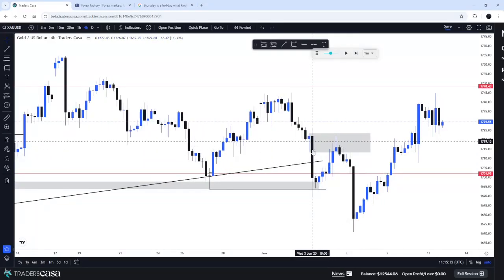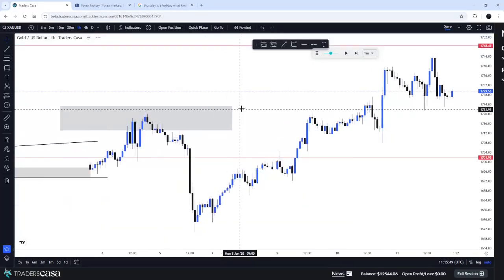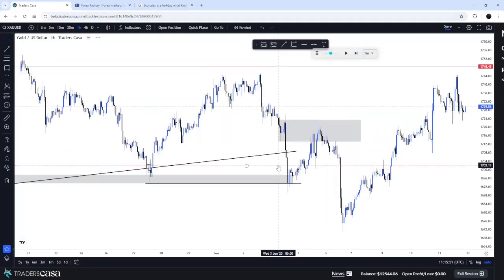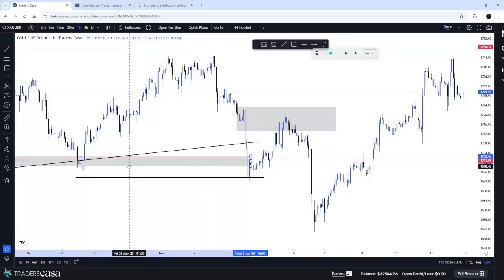I told you before, the last candle before the massive move, and this broke the structure, the wick. When you go to the smaller time frame, you see it's much clearer on the 1 hour. Let me go to the 1 hour. You see the structure was actually around this zone. So let me remove this demand zone.